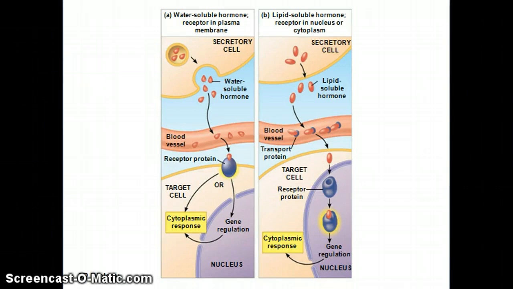So this diagram shows you in an overview how a water-soluble hormone is going to bind to a receptor on the membrane of the target cell. So it's coming from an endocrine tissue of some sort, endocrine cell, which is going to release the hormone into the extracellular fluid.